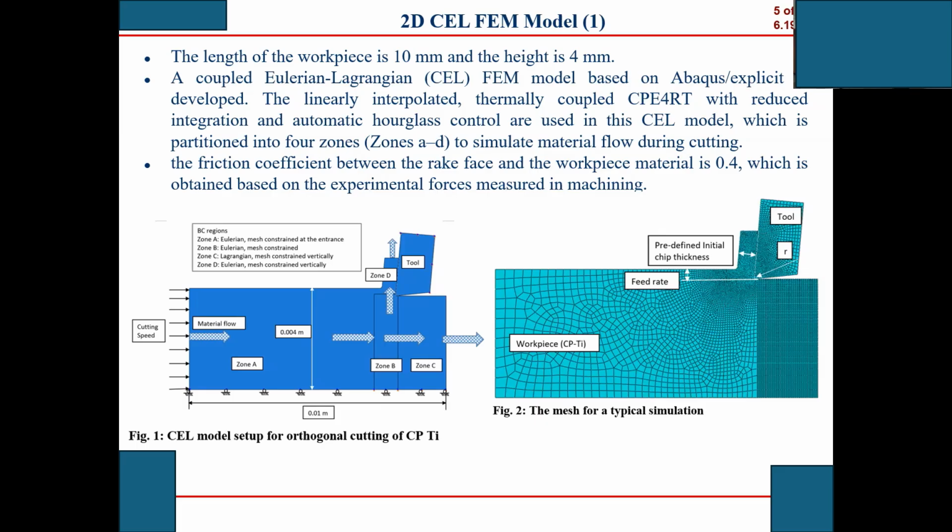Whenever you see static, it means that we assume for each of these instants that we apply the load and the equilibrium is achieved. We have three equilibrium equations. That is for Abaqus/Standard.